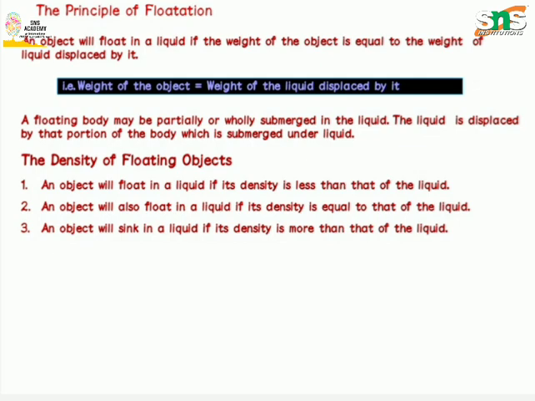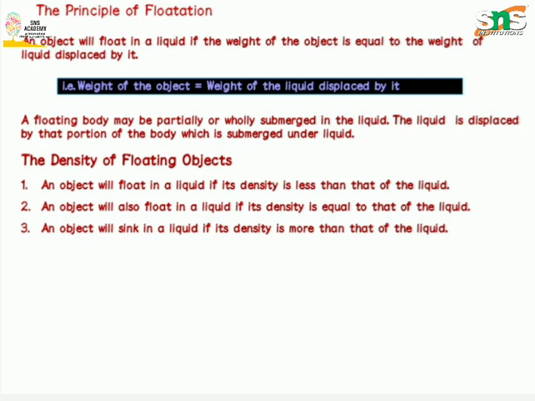Okay, fine. So now let us discuss the principle of flotation. The principle of flotation is also the same. An object will float in a liquid if the weight of the object is equal to the weight of the liquid displaced by it. So in that case the object will float. Now, density of a floating object.